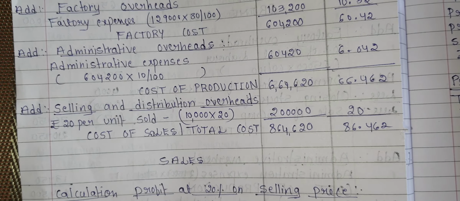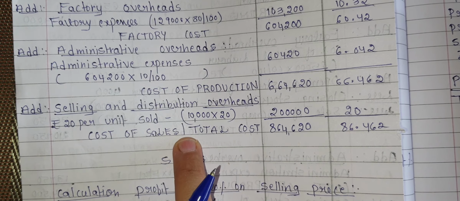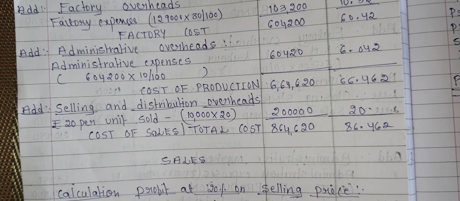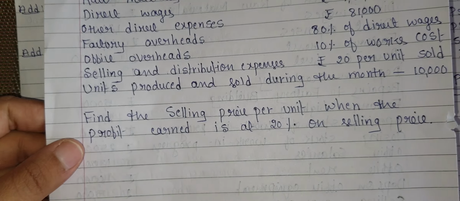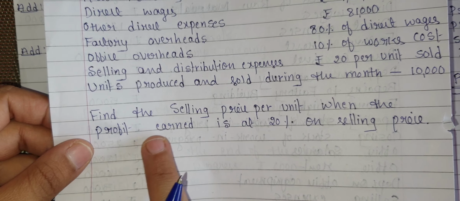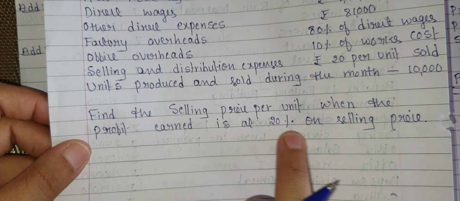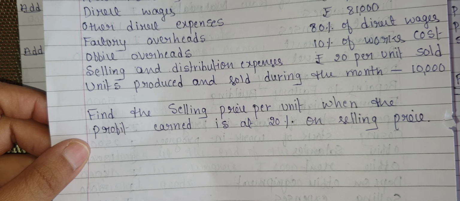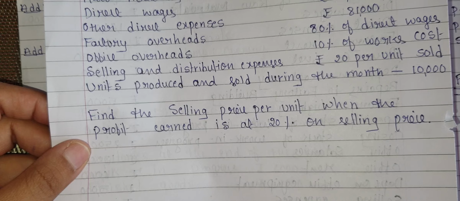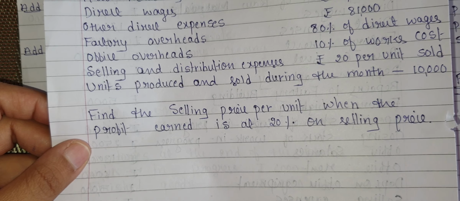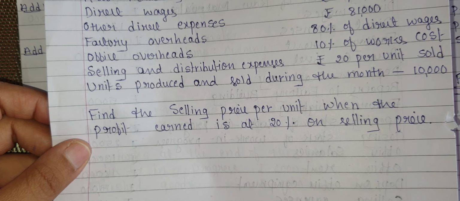Next we have to calculate the sales and whether profit or loss. This is our total cost. What did they say? The profit earned is 20% on the selling price, but we don't know the value of sales. Then which formula do we have to apply?